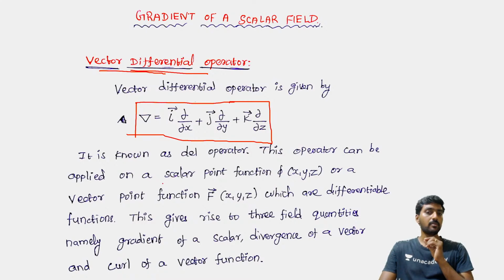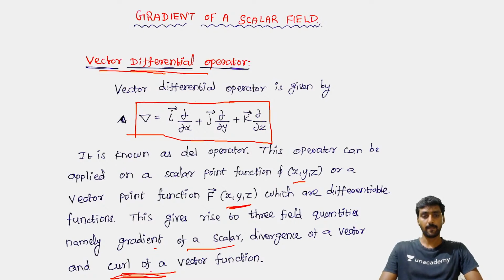This operator can be applied on a scalar point function phi of x, y, z, or a vector point function f vector of x, y, z, which are differentiable functions. This gives rise to three field quantities, namely gradient of a scalar, divergence of a vector, and curl of a vector function.